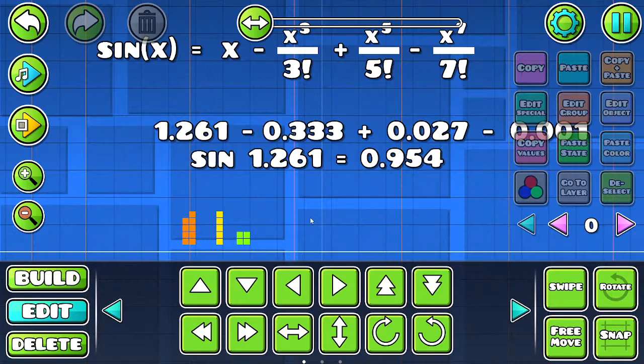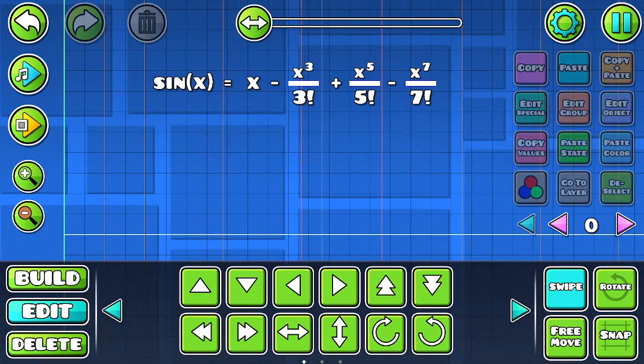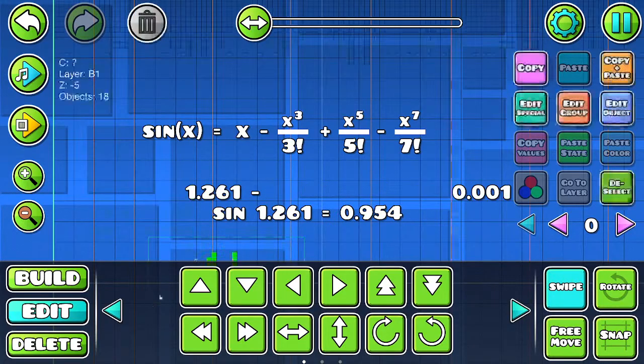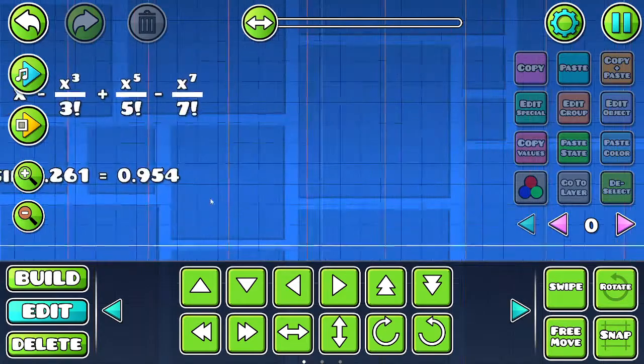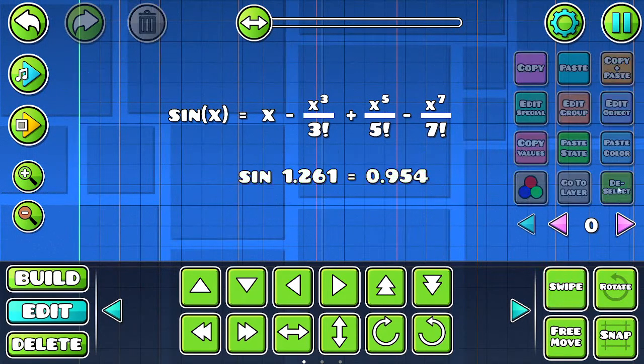It's about 954 over 1,000. 0.954. That's been so long. I'm definitely done with this. I can't do this anymore. Wait, I'm gonna delete all of them except for it's okay.